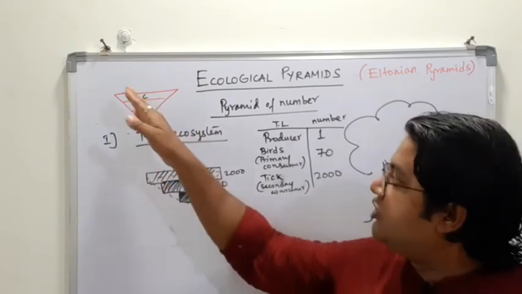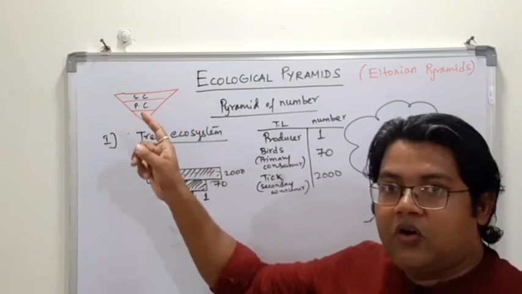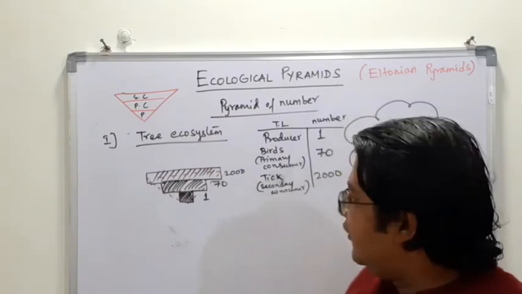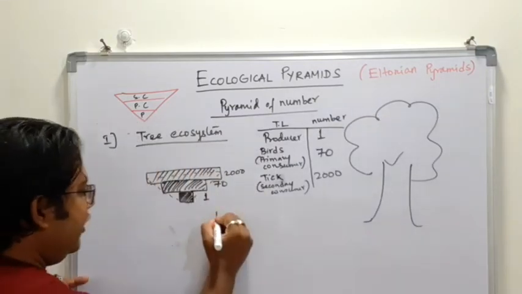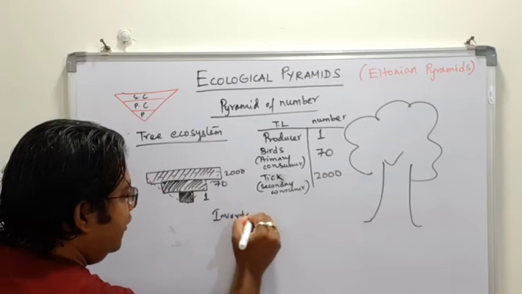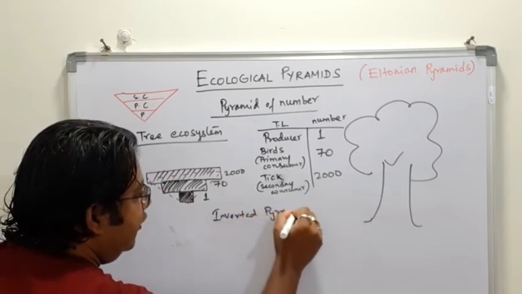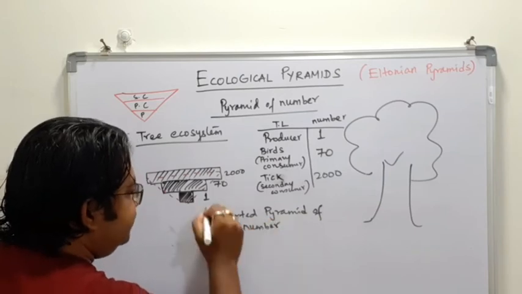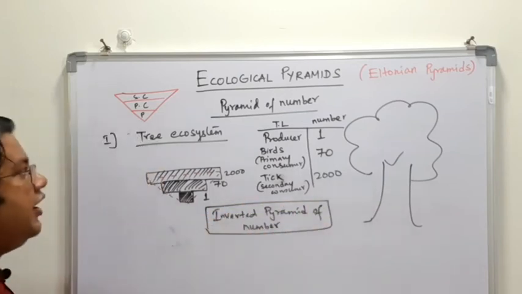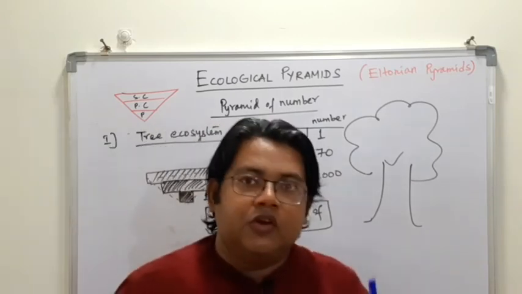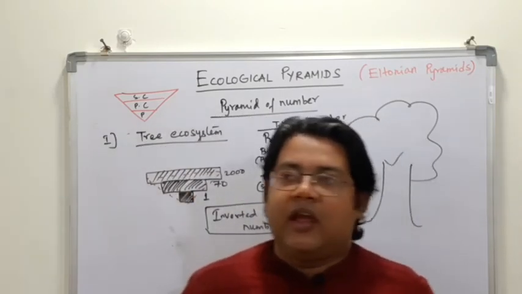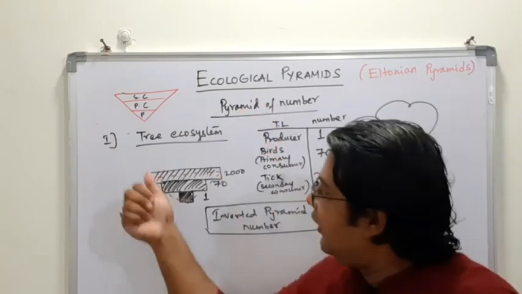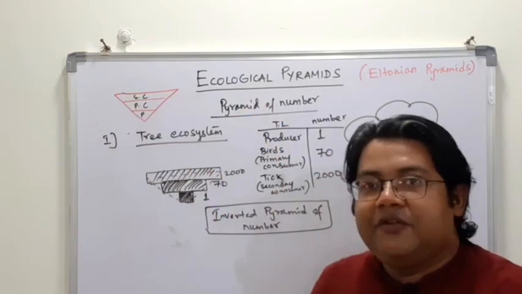So which type of pyramid will we call this? We will call this an inverted pyramid of number. So if we consider a tree ecosystem and this type of parasitic food chain, you will find the pyramid of number is inverted.